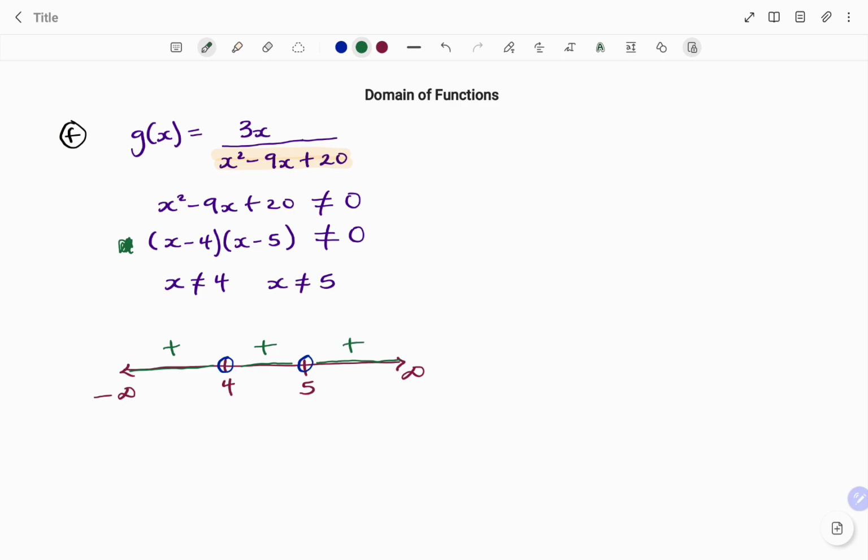So representing that in interval notation, I need to take account of 4 and 5 that won't be included.